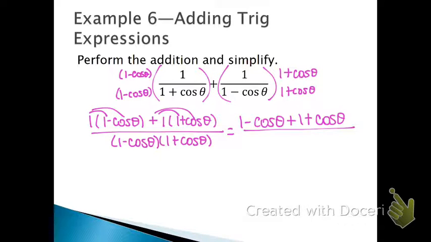all over. Do you want to leave the bottom as it is, or do you want to multiply it? Go ahead and multiply it. So 1 plus cosine minus cosine plus cosine squared.